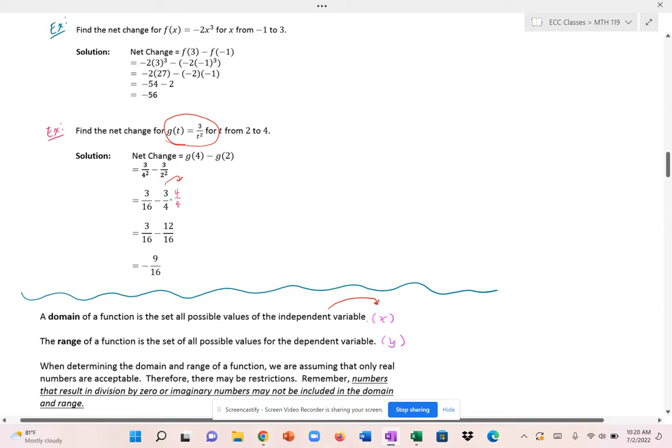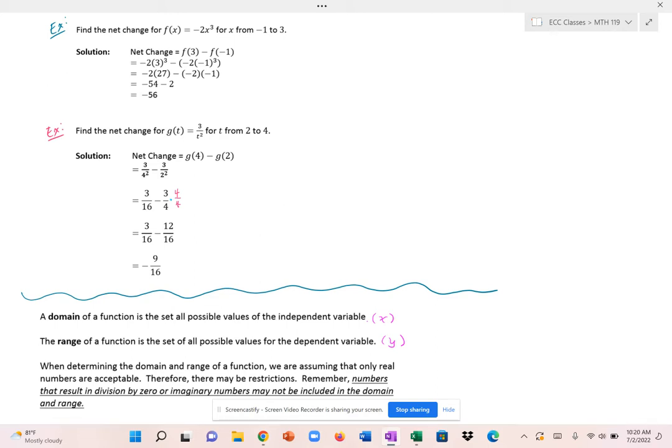So when determining the domain and range, assume that only real numbers are acceptable. You can only plug in real numbers for x, and your output, your y values, can only be real numbers. In other words, no imaginary numbers, and nothing that results in a number that is undefined. So we will have some restrictions for some functions. There may be some numbers that need to be omitted.